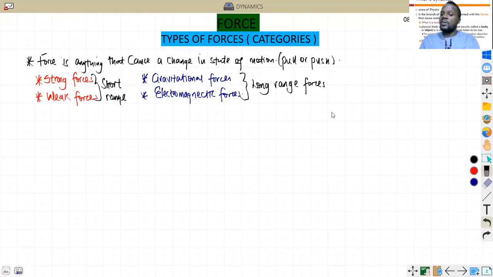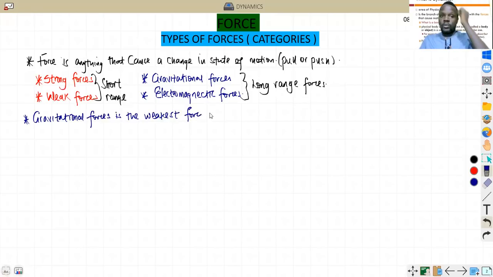Now, my dear students, based on this, another important note we can keep on classification of forces or type is that gravitational force is classified to be the weakest force among all types.